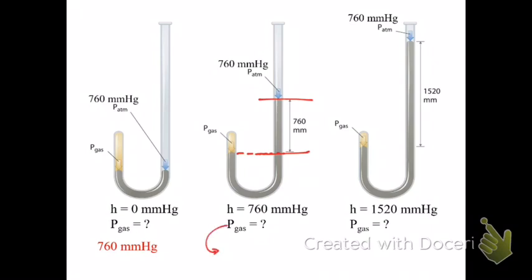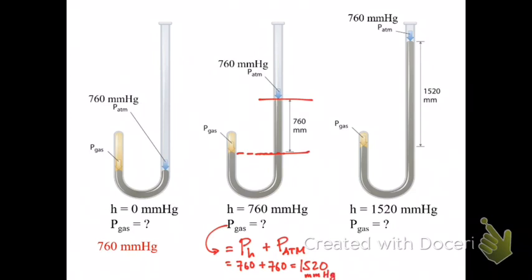So P gas is equal to P height plus P atmosphere. Okay, so in that case, we have 760 plus 760, which is equivalent to 1,520 millimeter mercury.